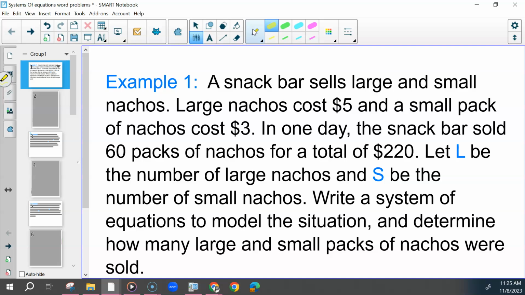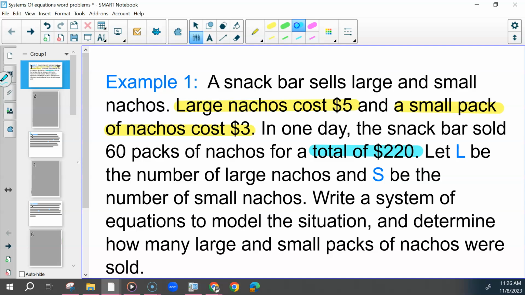I heard different things. Okay. And then you said something. The total, the 220? Yeah. Okay. I heard some other things. Say that again. 60 packs.